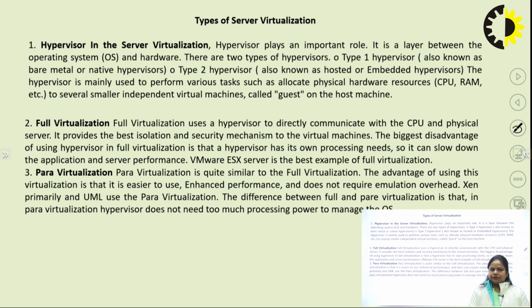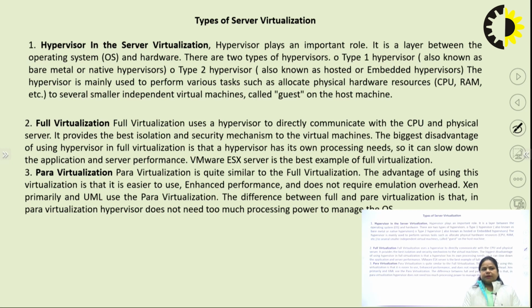There are two types of hypervisor, type 1 and type 2. Type 1 is also known as bare metal or native hypervisor, and type 2 is called a hosted or embedded hypervisor.